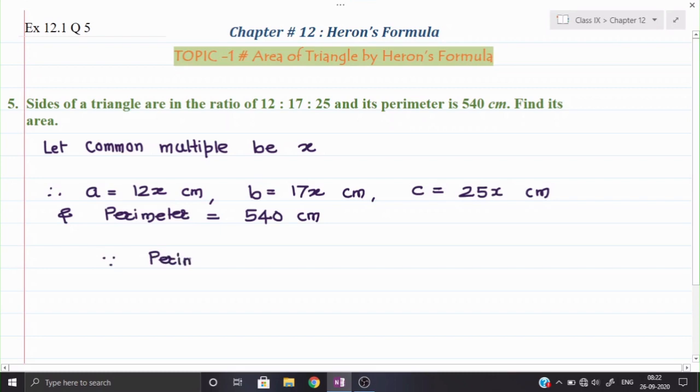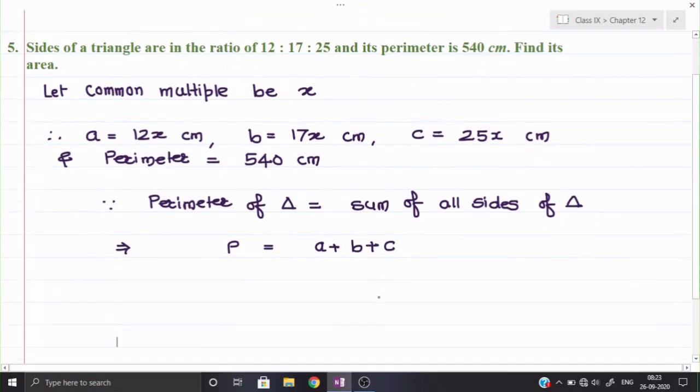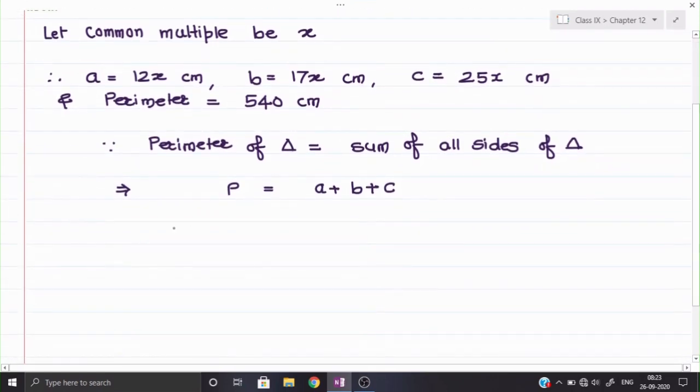We know that the perimeter of a triangle is equal to the sum of all sides of the triangle. Here we can denote the perimeter of the triangle by the symbol P, and the sum of all sides by a plus b plus c, because the sides are a, b and c.